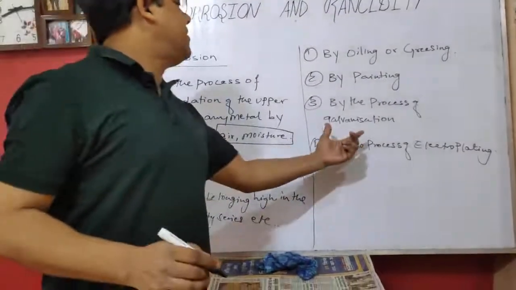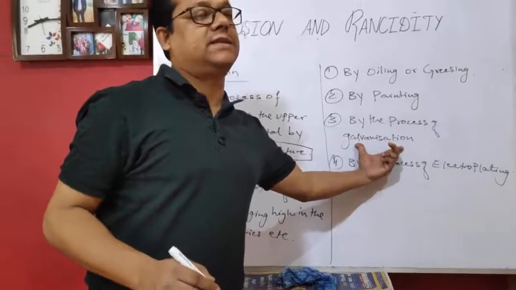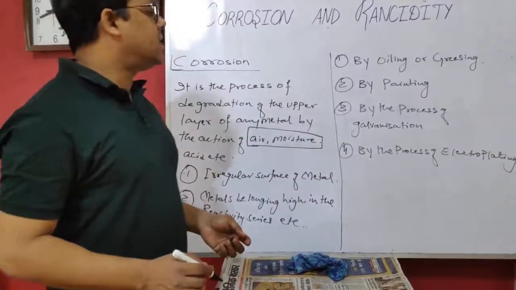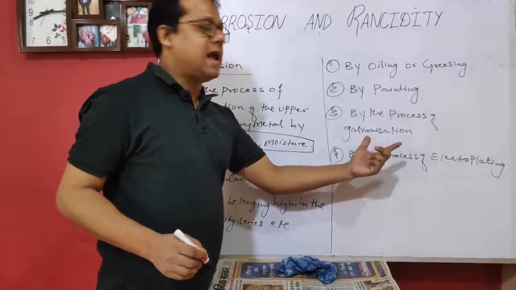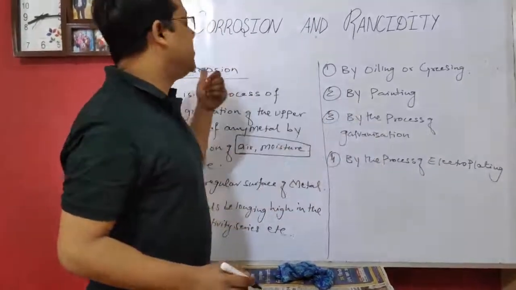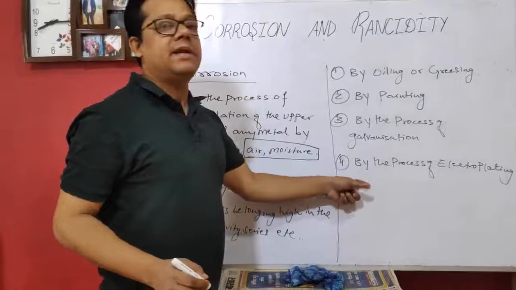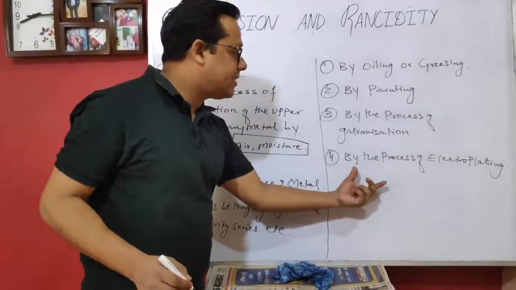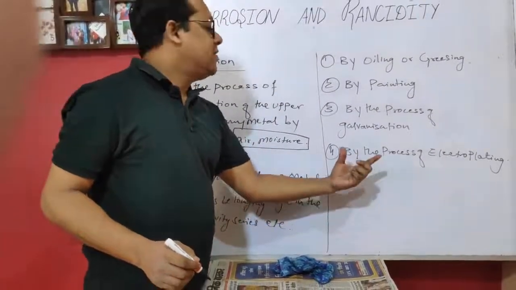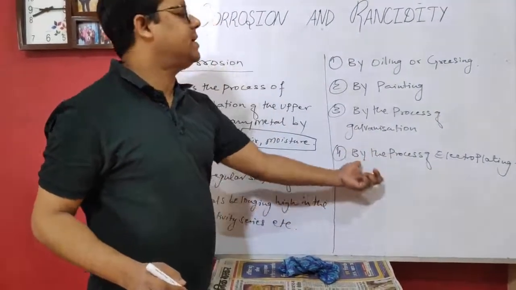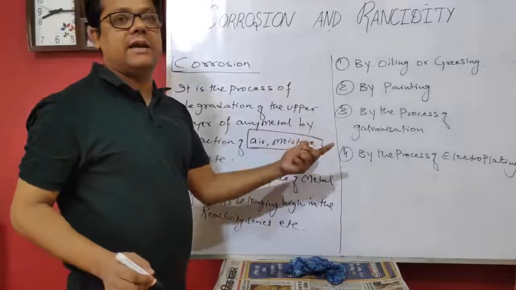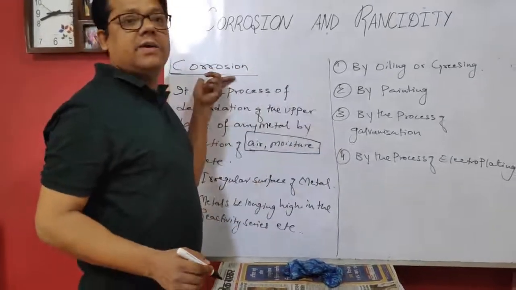Now, first of all, let us understand what galvanization is. Galvanization is the process of plating zinc on the surface of metal, and this process protects the metal from being corroded. Electroplating is the process of electrolysis through which we develop a layer of another metal on steel or iron, which protects it from getting corroded.